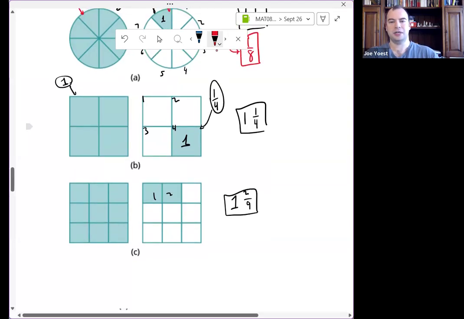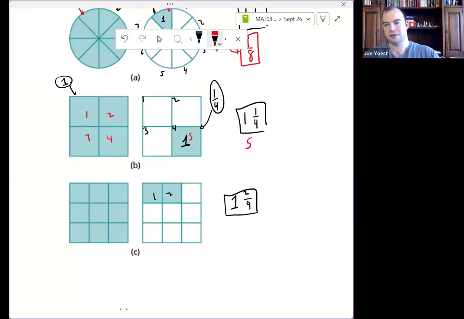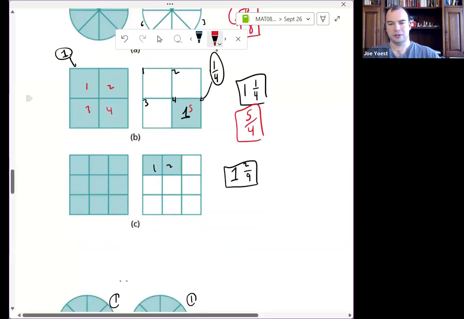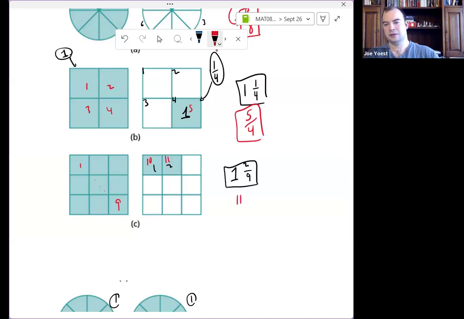Or I could have written this as 1, 2, 3, 4, 5, 5/4. Or I could have looked at this as 1, 2, 3, 4, 5, 6, 7, 8, 9, 10, 11, 11/9.